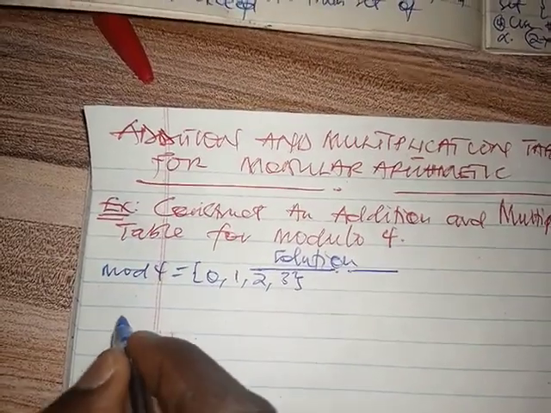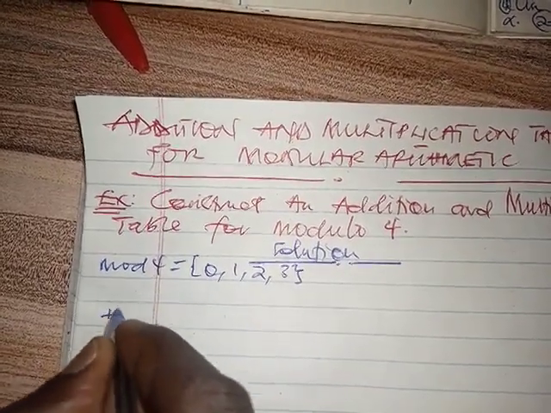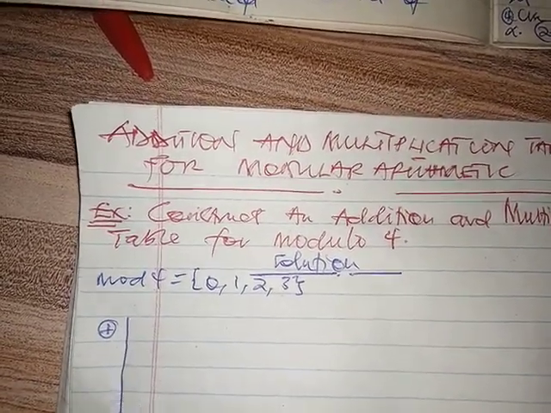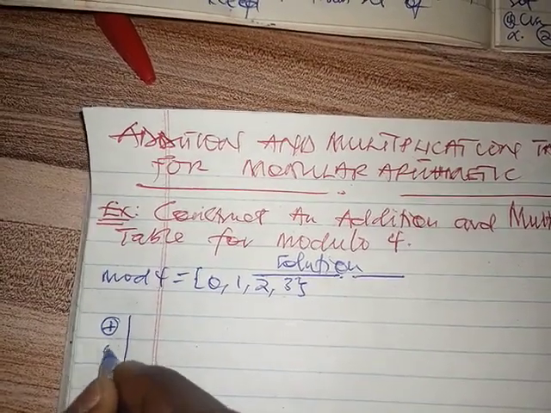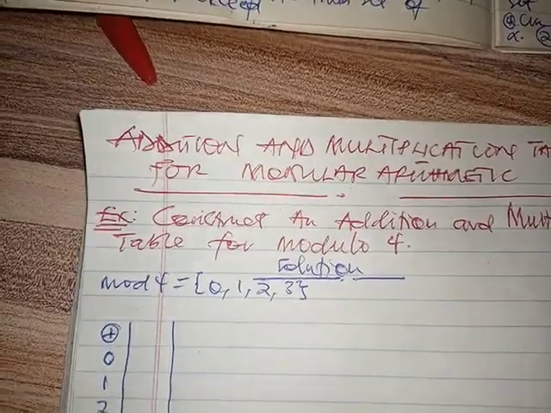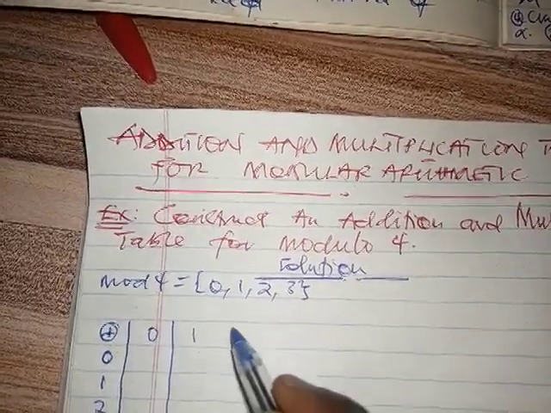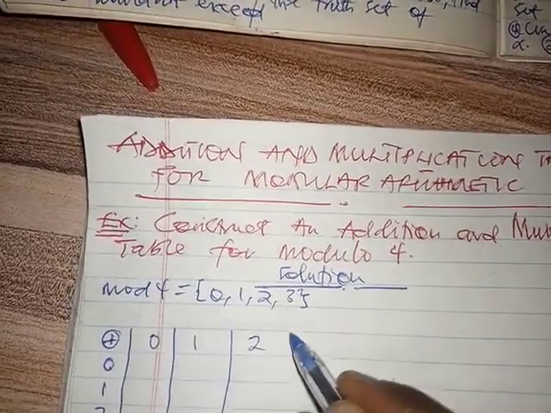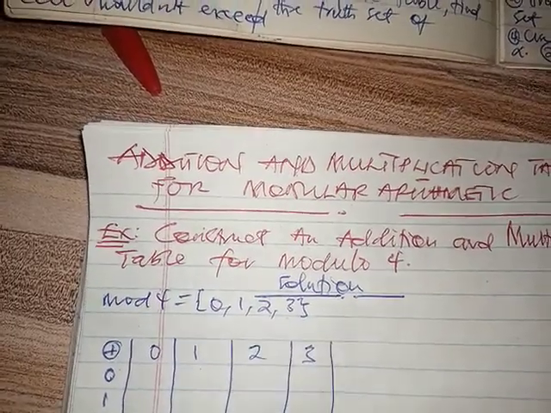So to construct the table, let's start with the addition. We have 0, 1, 2 and 3 along the top and along the side.